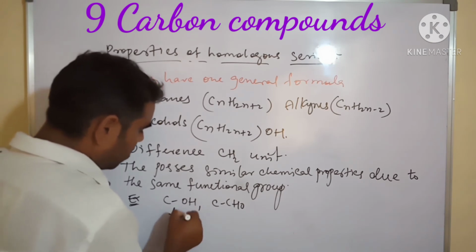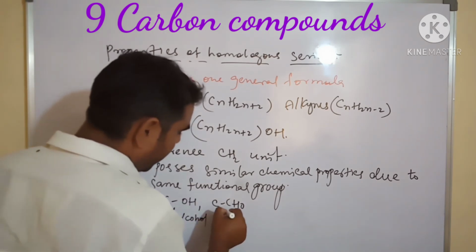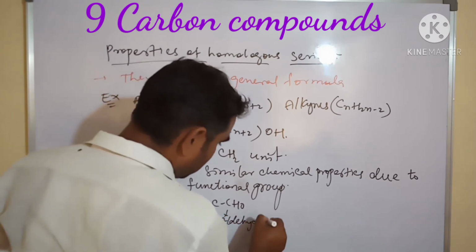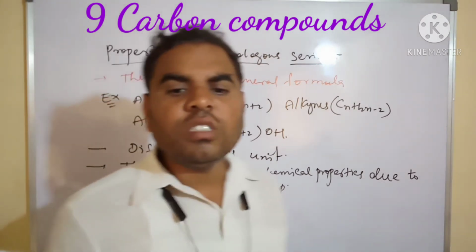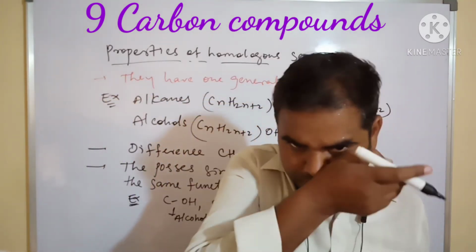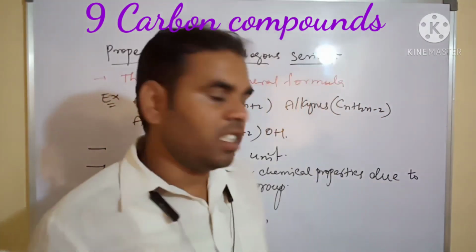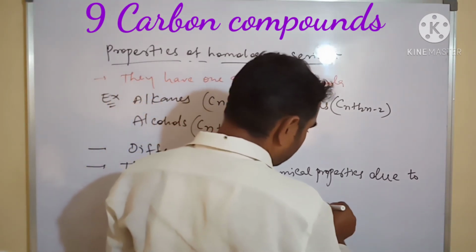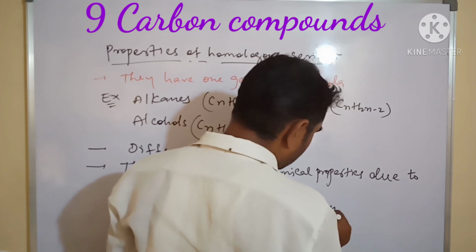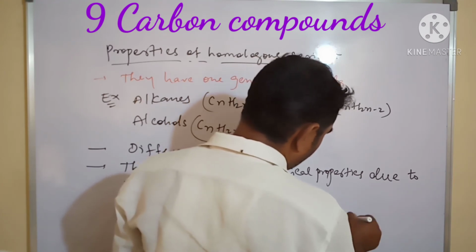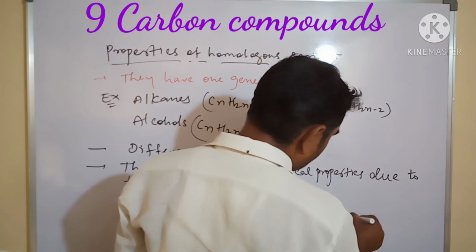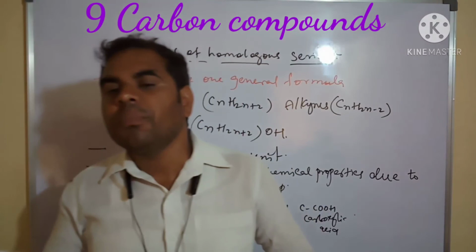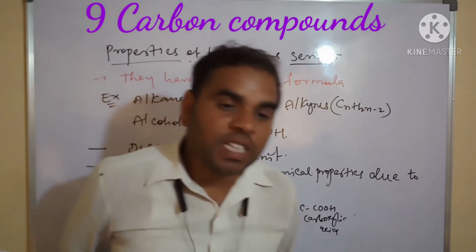This is an alcohol, and this is an aldehyde. Next, carboxylic acid also. This is a carboxylic acid. You have to write that the same functional groups are present.